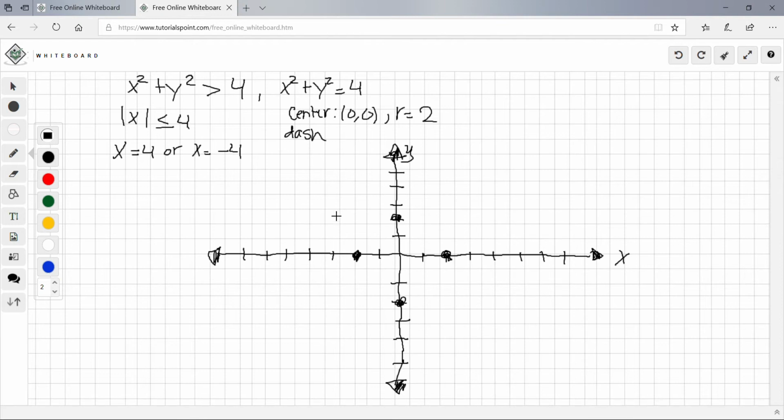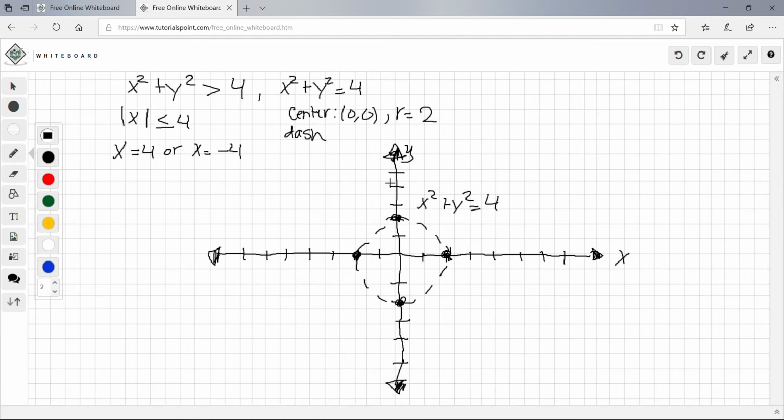And we said it's going to be a dash, so it will look something like this. I'm sorry if mine doesn't look like a circle. It probably looks like an oval. Yep, there's your circle, and we can label this as x squared plus y squared equals 4.